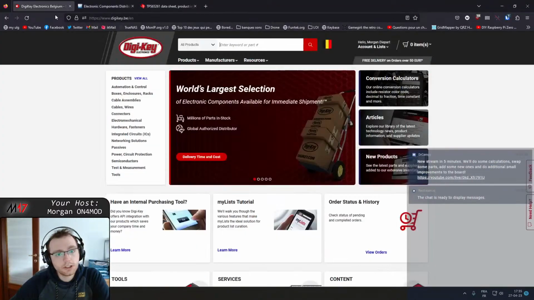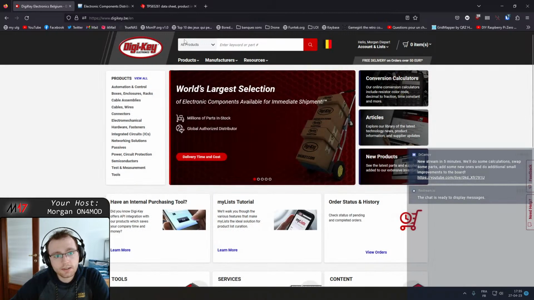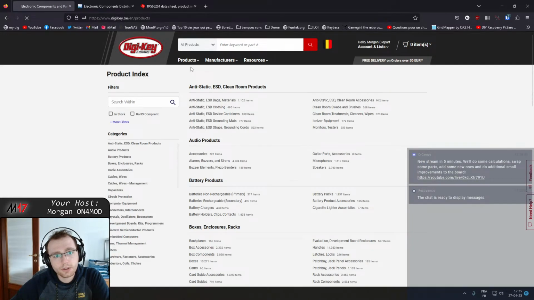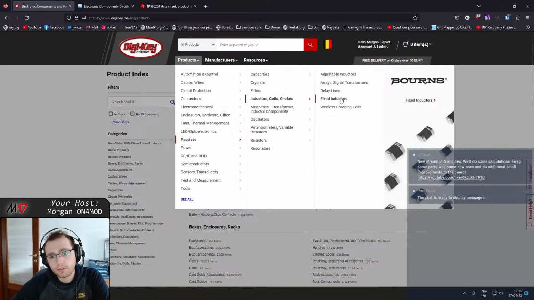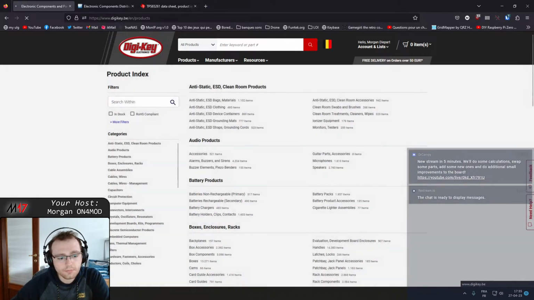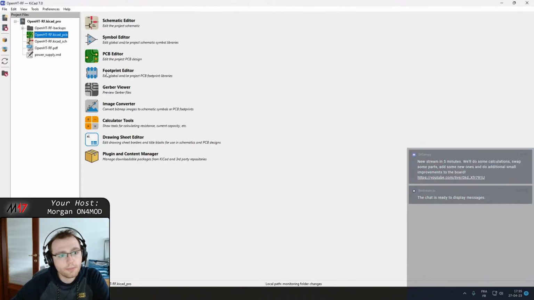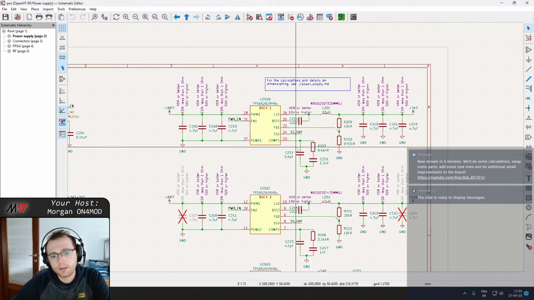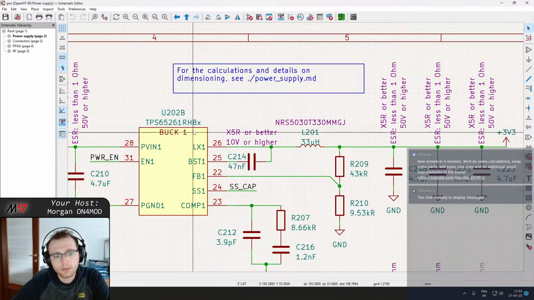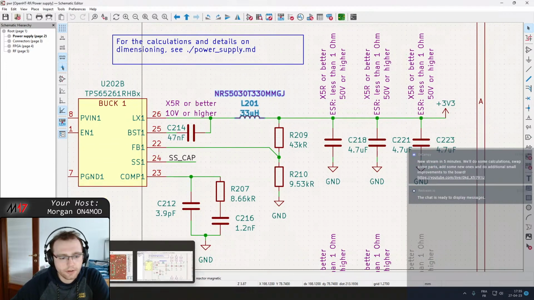I will go on DigiKey, which I configured in English for you today, and we'll go in the passive components, inductors, fixed inductors. We'll go have a look at the schematic rather than the PCB. Okay, we'll start then with the 3.3 volt rail, which is that one, and it is 33 microhenries.